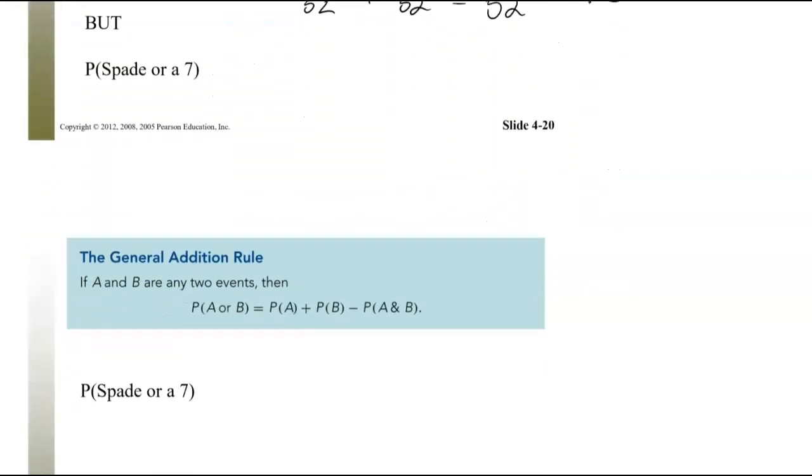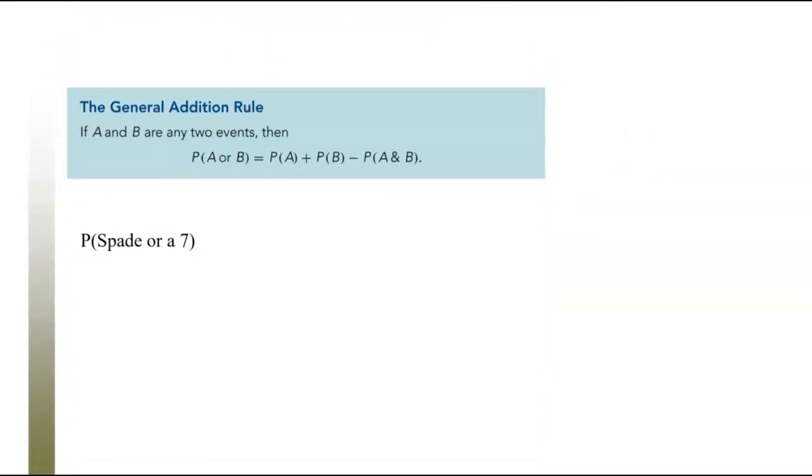This leads us to the general addition rule, where yes, this is for any two events. Remember, if they're mutually exclusive, this applies for them as well. Just take the probability of the first, add it to the probability of the second, but now you need to take away what is in common.